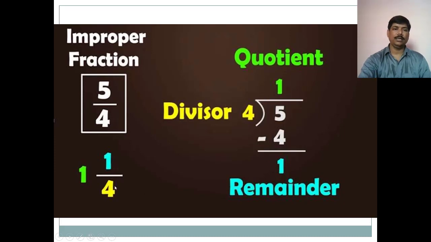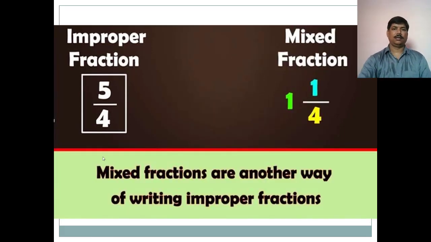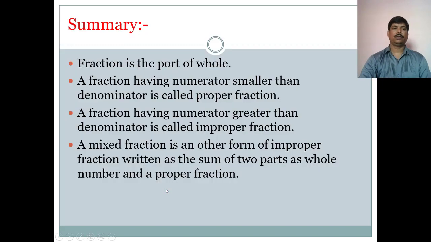So one whole and 1 by 4. This form is the improper fraction form and this form is the mixed fraction form. Mixed fractions are another way of writing improper fractions, as I already told you.